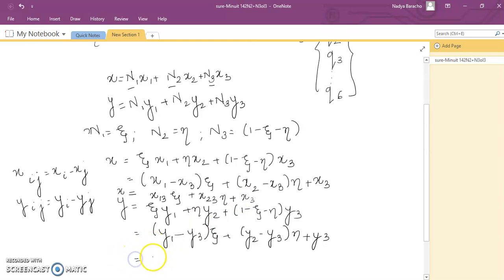Similarly, y1 minus y3 will be denoted by y13, y2 minus y3 will be denoted by y23, plus y3. So these equations of x and y relate the coordinates to the zeta and eta coordinates. The x and y coordinates can be related to the zeta and eta coordinates using these two equations.